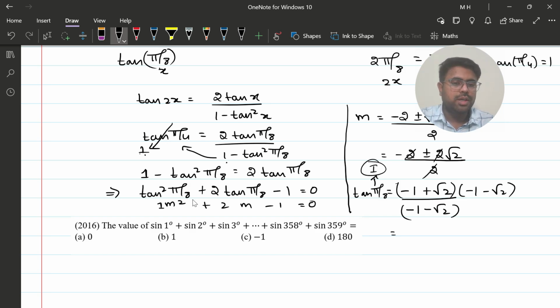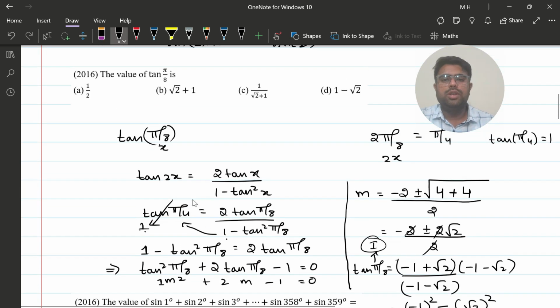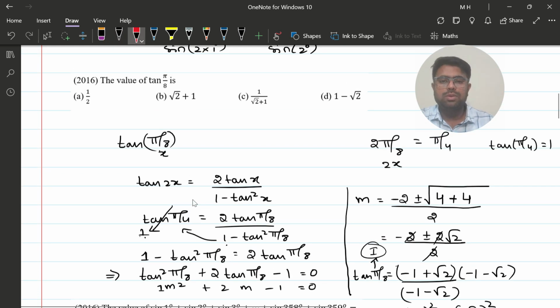So what is a square? It is minus 1 whole square minus, what is b square? It is root 2 whole square, divided by minus 1 minus root 2. So it is going to be what? It is 1 minus 2 divided by minus 1 minus root 2. This is minus 1. So minus minus will get cancelled. I'll get 1 by 1 plus root 2. So it is going to be 1 by 1 plus root 2. That is option C. So option C is the right answer.